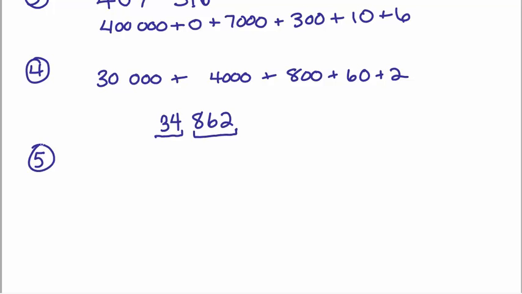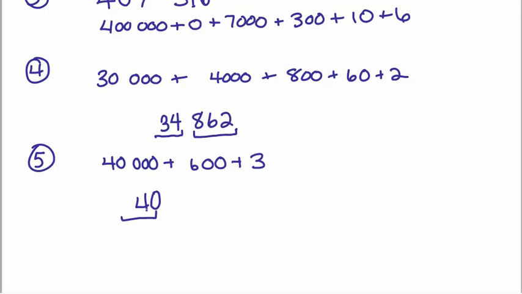Another example going that way, we're going to start with 40,000 plus 600 plus 3. This one's a little more complicated than the last because we have 4 in our thousands period, we don't have any 1,000s.